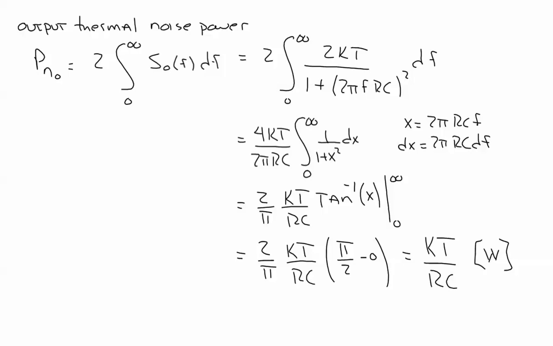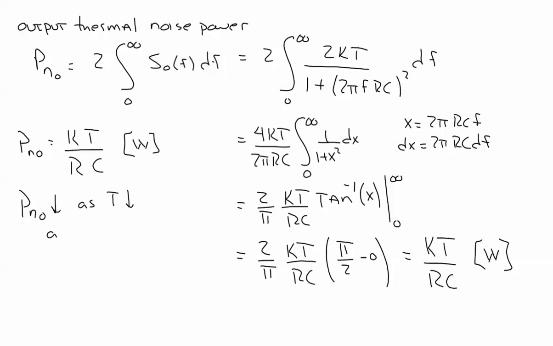Okay, so my thermal noise power at the output of a simple RC low-pass filter circuit is just Boltzmann's constant times the temperature divided by the resistance and the capacitance. And my noise power decreases as temperature decreases and as my load resistance increases.